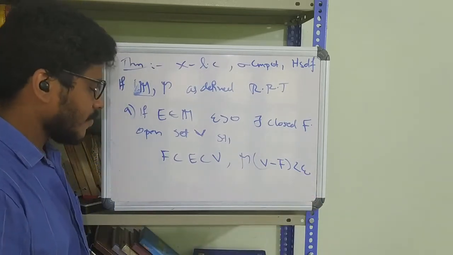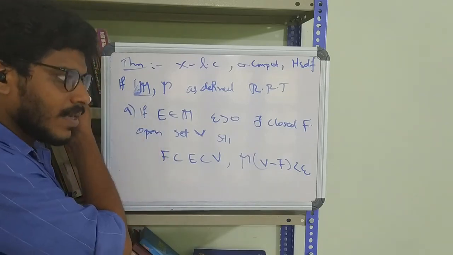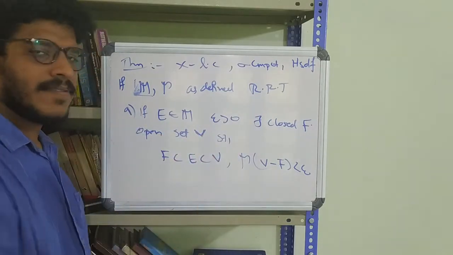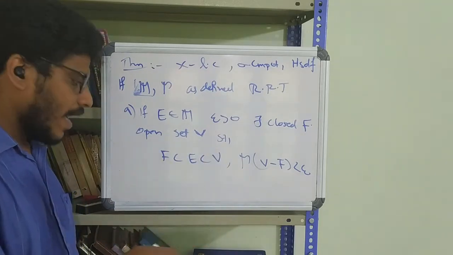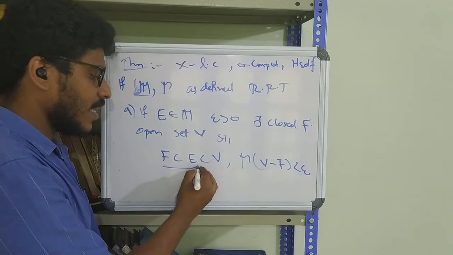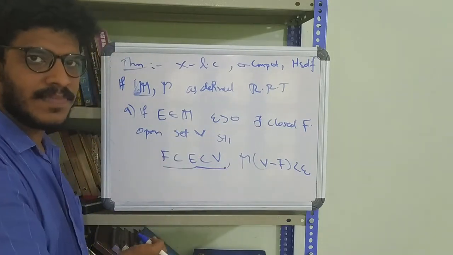So if E is any measurable set in the sigma algebra M, and epsilon is any given number, then we can find two sets. One is closed and sits inside E, and the other is an open set in which E sits.